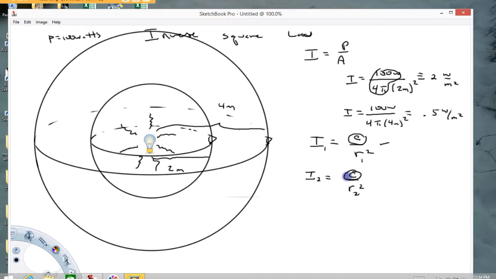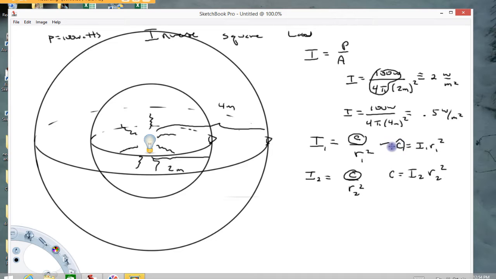If I wanted to, I can combine these two equations into one. One way to do that is to take this equation and solve for the constant. It's equal to I1 times R1 squared. And then if I solve for this constant, you'd multiply both sides by R2 squared, so the constant would equal I2 times R2 squared.